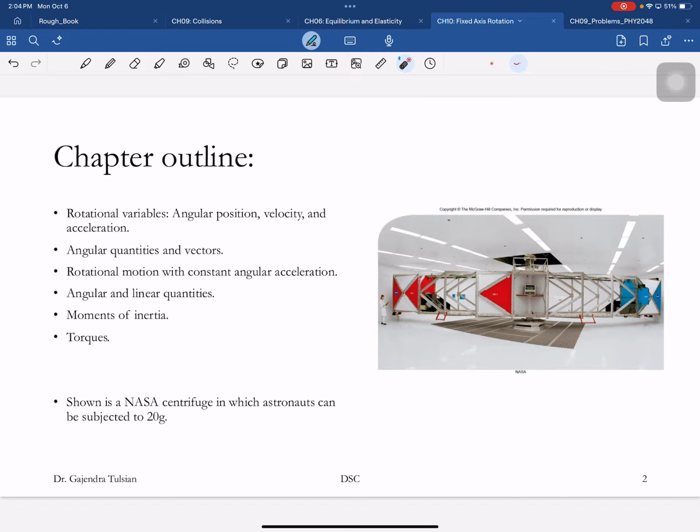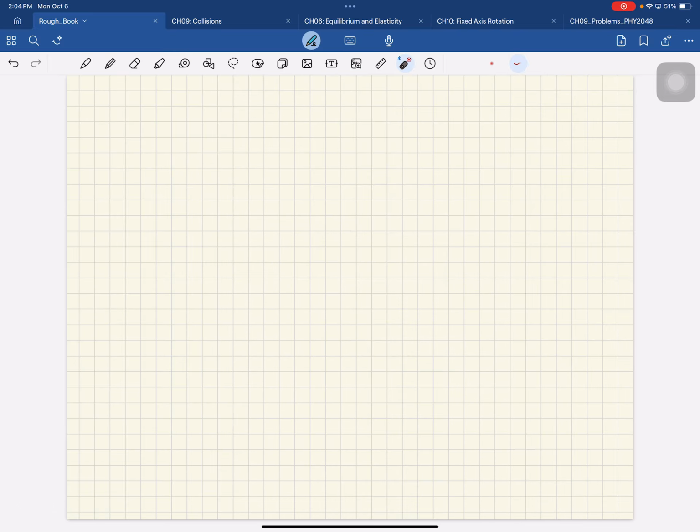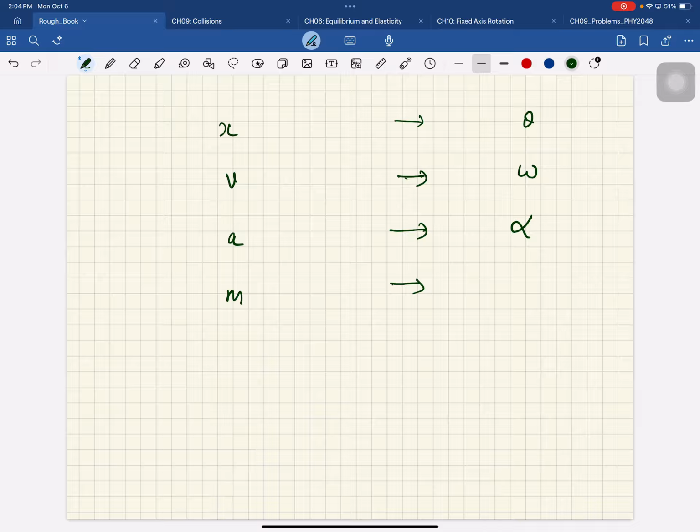Okay. So over the next 2 chapters, you will learn, if you do the following replacement, you replace x by theta, velocity by angular velocity, linear acceleration by angular acceleration, mass by something called moment of inertia, force by something called torque, linear momentum by something called angular momentum, I times omega, and so on.